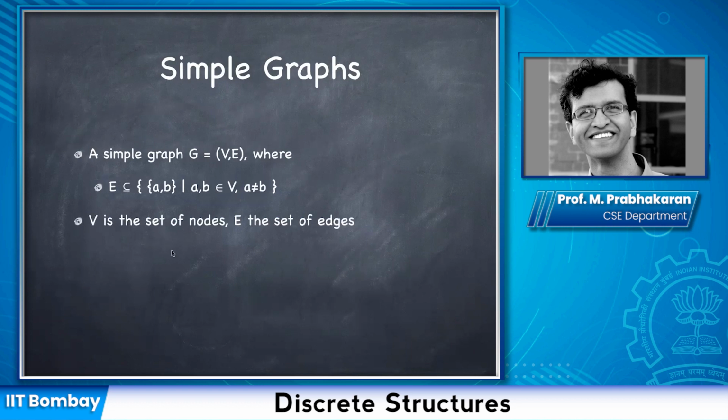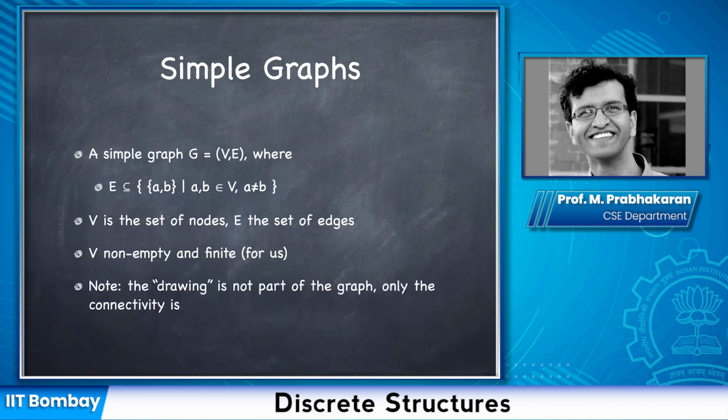And E is a set of unordered pairs of elements from V. Okay, so think of V as a set of vertices or nodes in the graph, and E gives you connections. If it connects the vertex A to vertex B, then you have the set AB as part of E. So E is the set of edges or the lines we draw between the nodes.